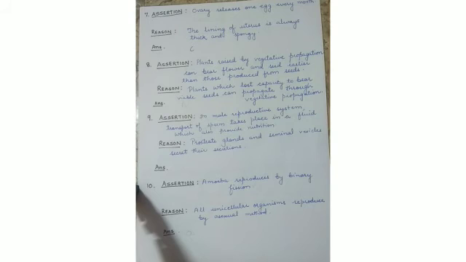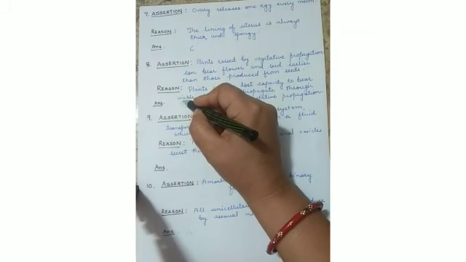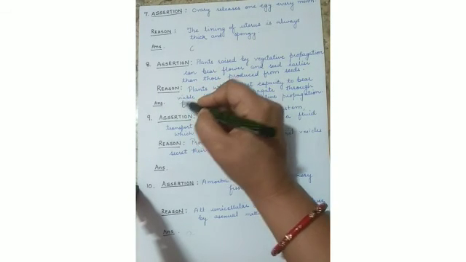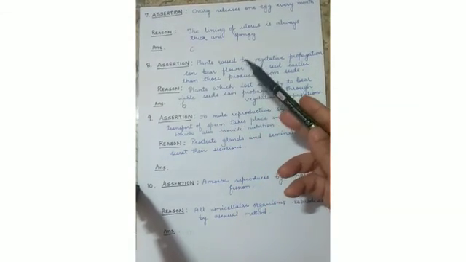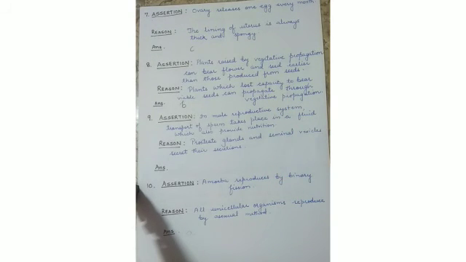Now here, both assertion and reasons are true, but reason is not the correct explanation of the assertion. So, here your right code is B.